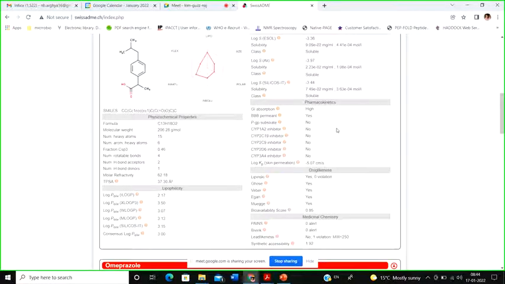That is why you have to know whether it's a substrate for it or not. So if it's an anti-cancer drug, then it should not be a substrate for PGP.